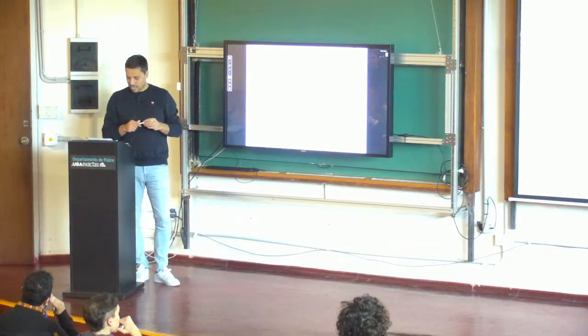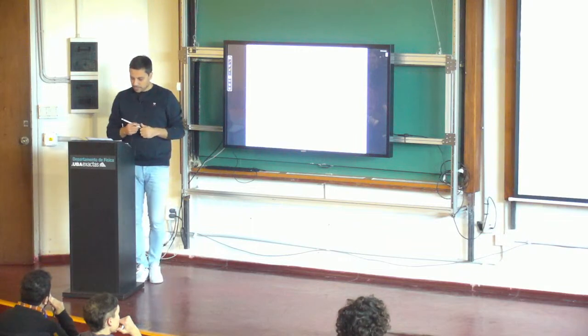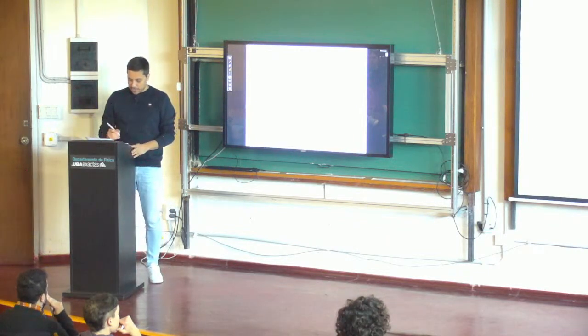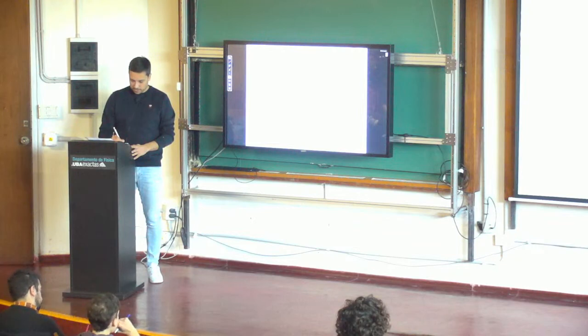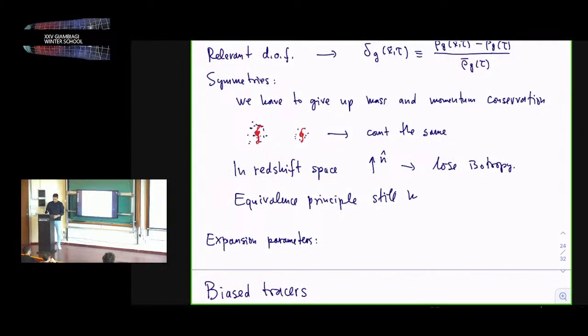So one important thing, however, is that the equivalence principle still holds. This actually is very important because some of the things that we discussed about dark matter, for example, that the stress tensor cannot depend on the gravitational potential itself, but on the derivatives of the gravitational potential, the real tidal fields and real forces.